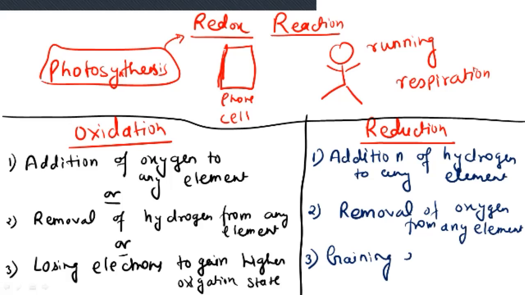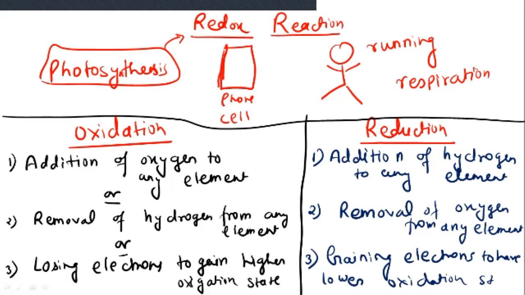Gaining electrons to have lower oxidation, since it is being reduced, it is called lower oxidation state. And this is the simplest way to understand this.